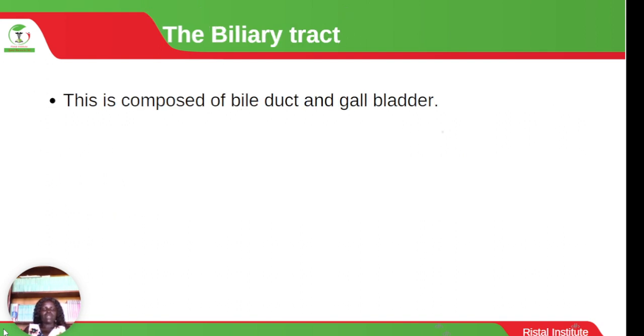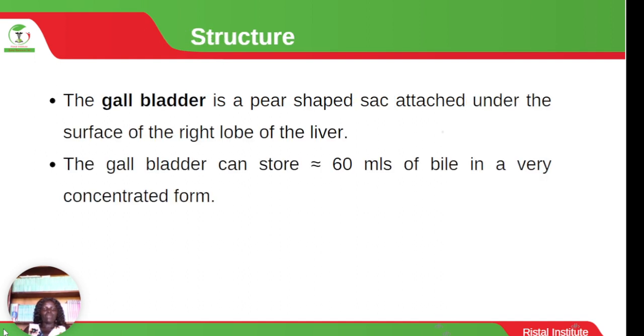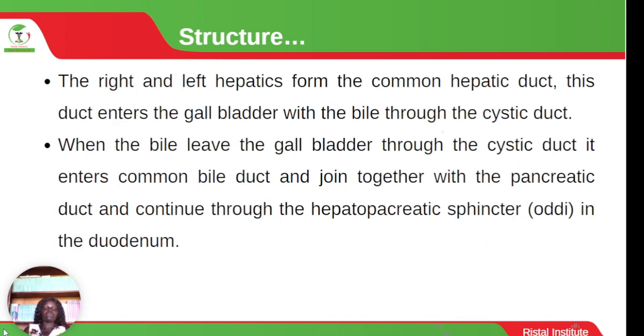Let us look at the biliary tract. This is composed of the bile duct and the gallbladder. Structure: the gallbladder is a pear-shaped sac attached under the surface of the right lobe of the liver. The gallbladder can store up to 60 ml of bile in a very concentrated form. The right and the left hepatic ducts form the common hepatic duct.